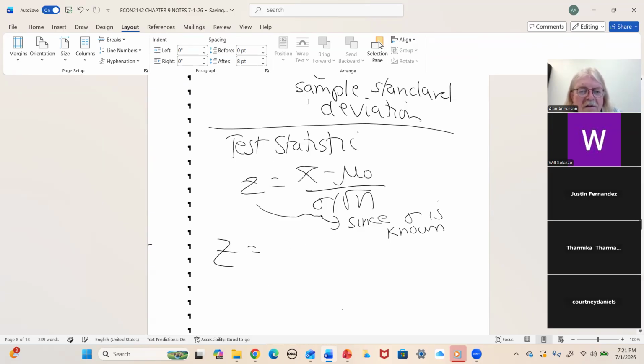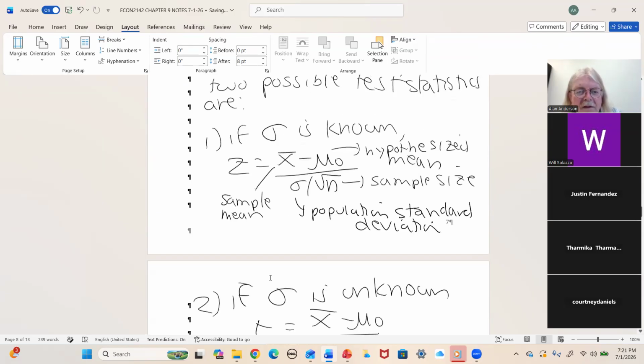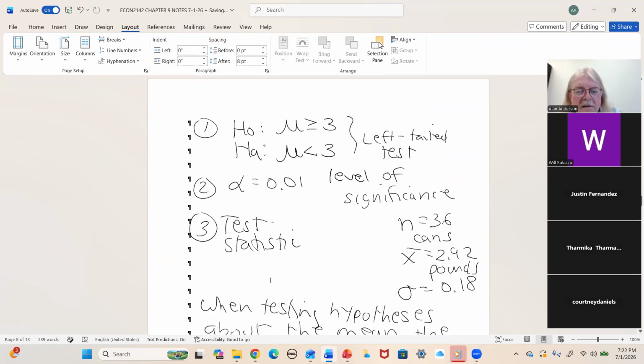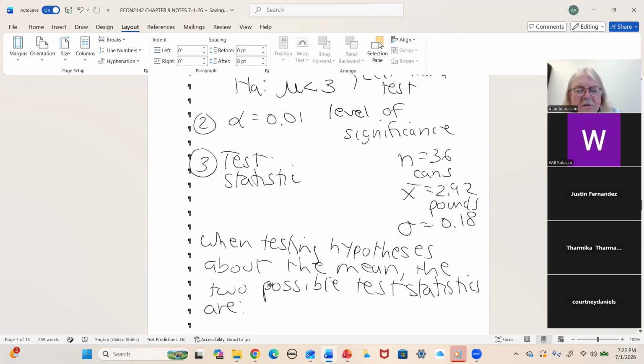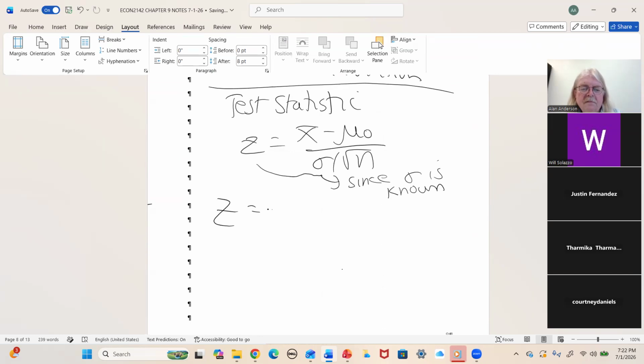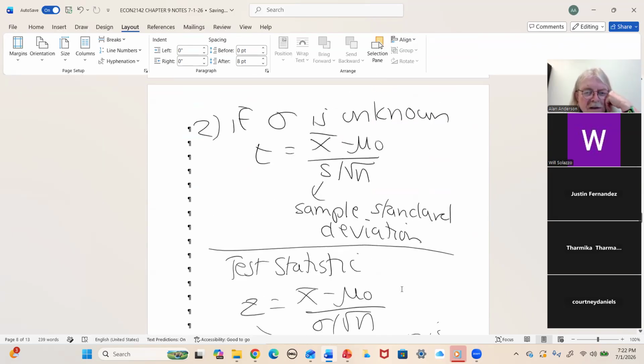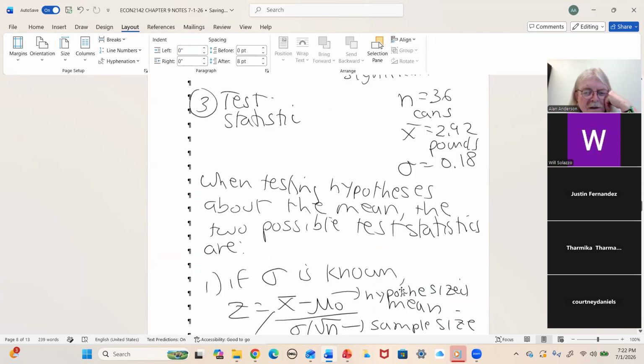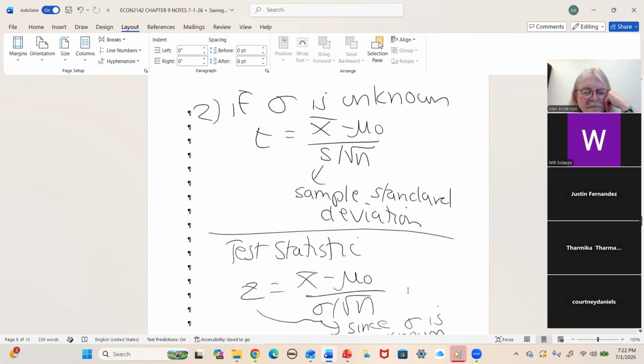X bar was 2.92, remember? And the hypothesized mean is 3. Sigma is given to us as 0.18.